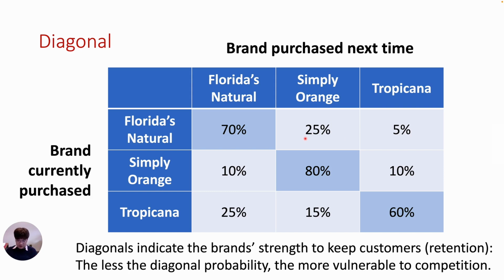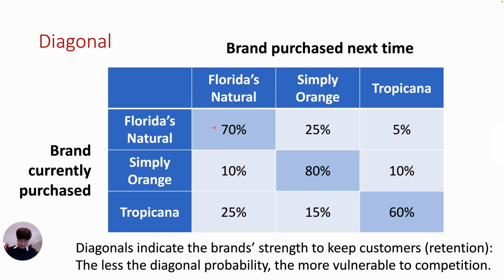So, a transition matrix has 2 different types of probabilities in it. First, the diagonal elements. For the diagonal element, the brand purchased next time is the same as the brand currently purchased. That is, the diagonal elements are the probabilities of buying the same brand again.